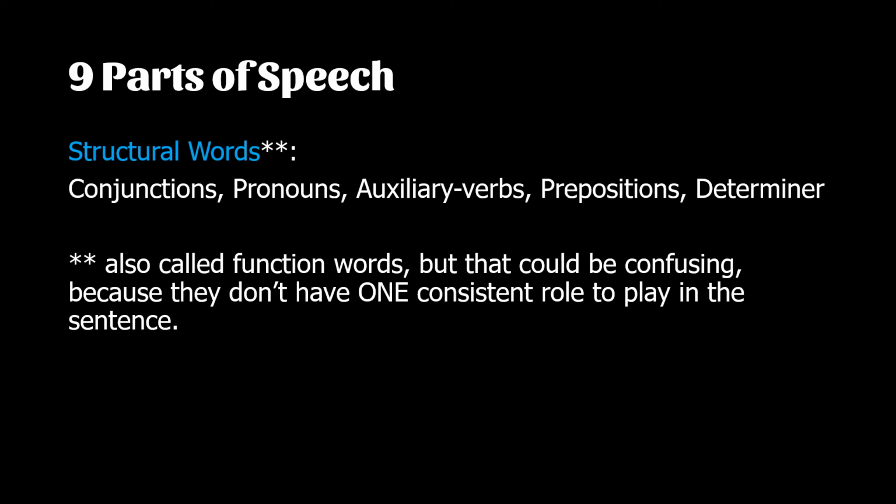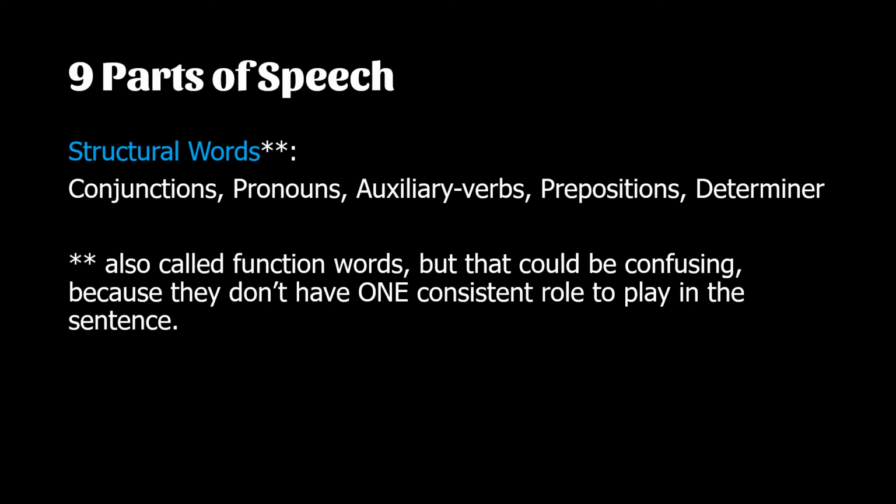The second category out of the 9 parts of speech are the structural words. So the structural words are the words that kind of fill in between the content words to help clarify the message. So there's 5 different groups of structural words. We're going to focus on conjunctions in this video.